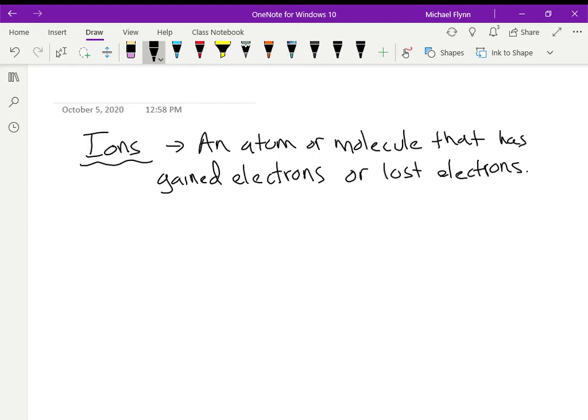Now it's never an all or nothing thing, unless you're hydrogen, where sometimes they lose them all. But most things don't lose them all; the valence ones are typically easy to lose and gain.